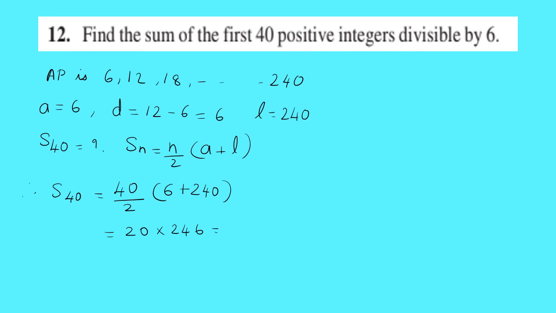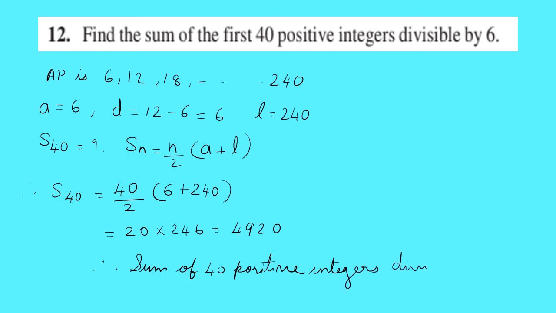That is equal to 4920. Therefore, the sum of the first 40 positive integers divisible by 6 is 4920.